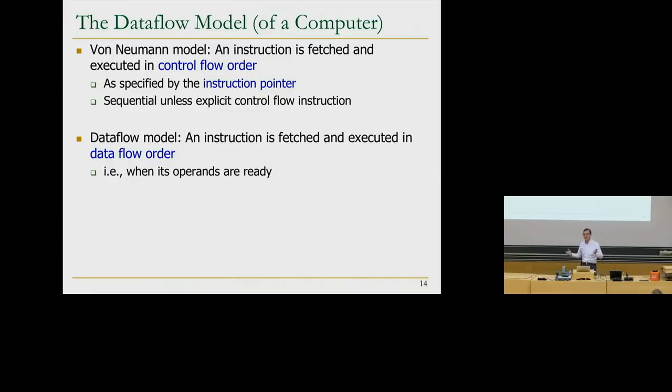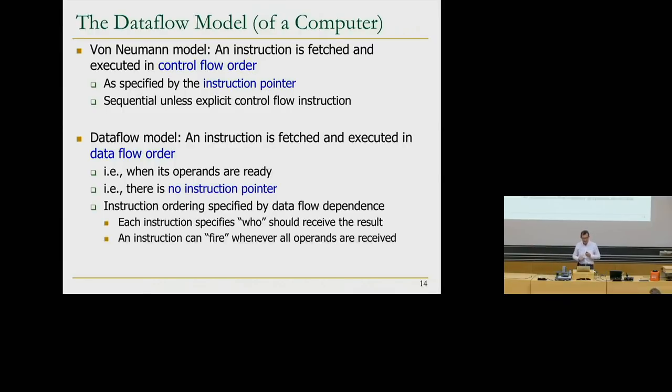There's no need for the program counter. And this is a potentially much more parallel model because many instructions can become ready at the same time based on the availability of data. As I said, there is no instruction pointer in this case. Instruction ordering happens purely based on how instructions depend on each other based on the data flow, right?